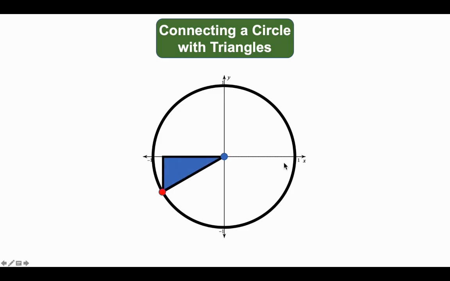So any point that we want to find on this circle, we want to make a triangle by dropping one of the legs down to the x-axis, and then we have a triangle. And again, your x value of this side and your y value of this side end up being your point coordinates. Now, if you notice, x became a negative and y became a negative because this is in the third quadrant.